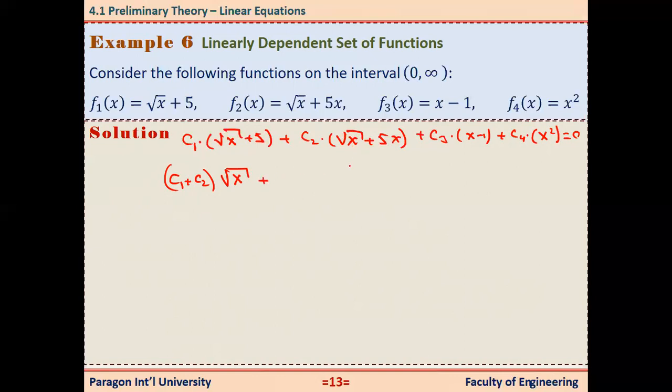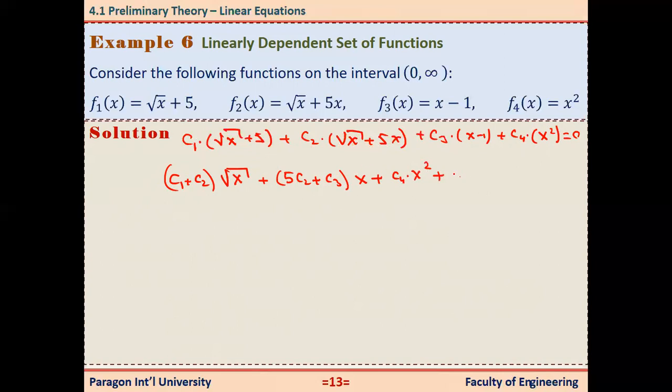Here I have c2 times 5x, so we have 5 times c2. We have also x here, plus c3 times x. I don't have x squared here, so we have c4 times x squared, and all the constants right here.